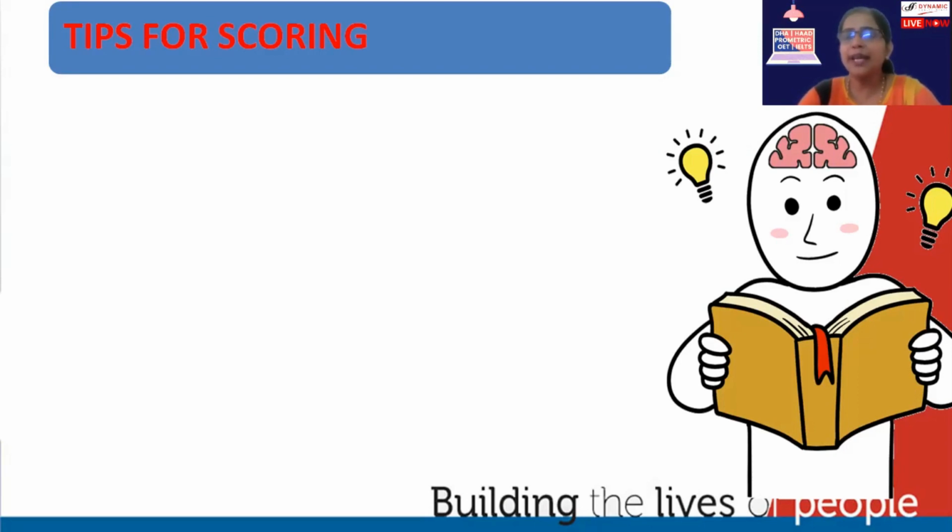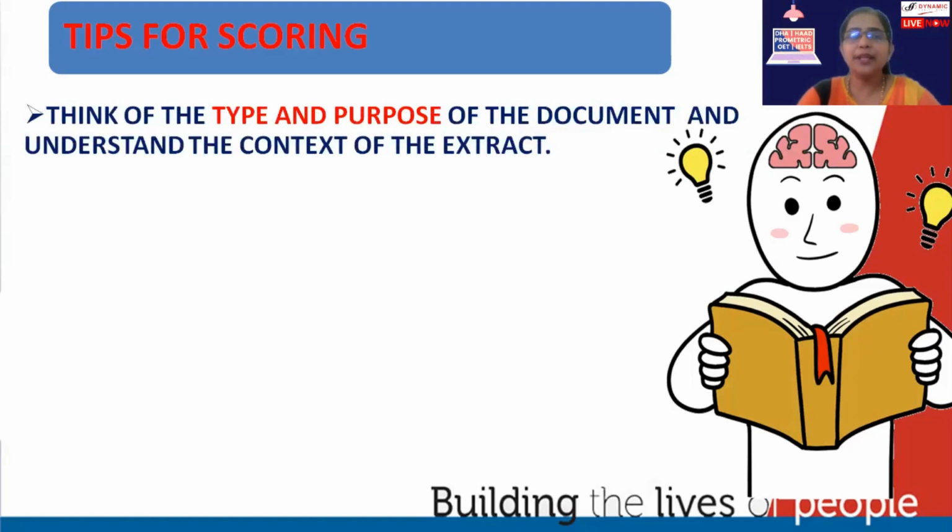And you get some information as the main idea of that text. And come back to the questions, come back to the options, then just see whether that particular information matches any of the options. Think of the type and purpose of the document and understand the context of the extract.